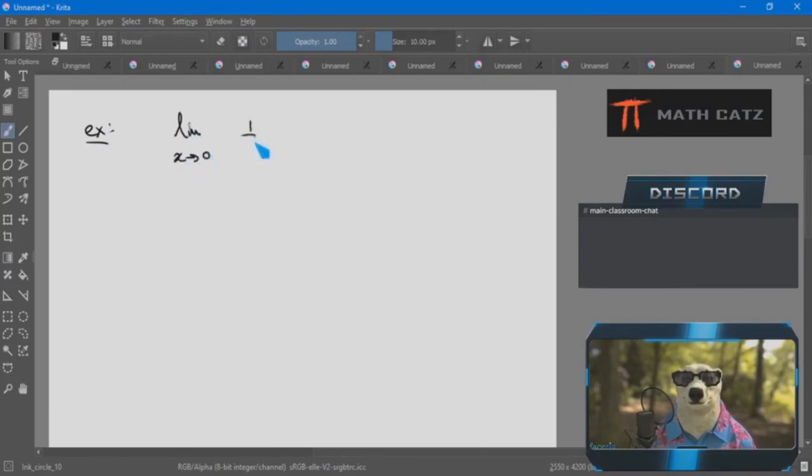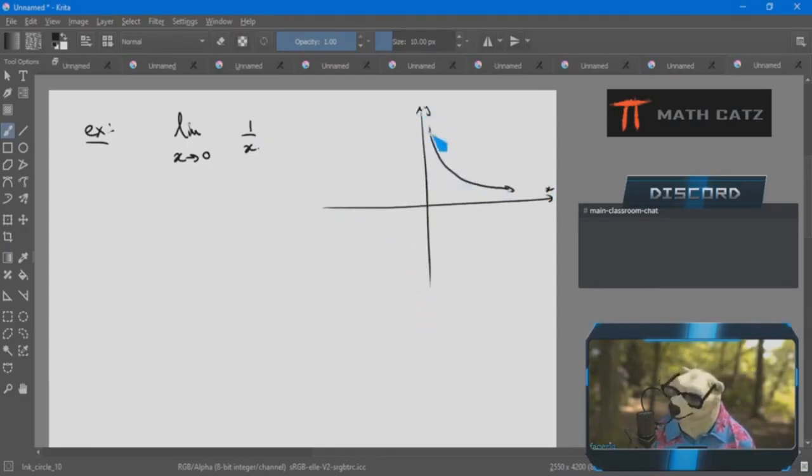I'll stick to my basic function, 1 over x. Remember what this looks like. You have to know this very well because it's a basic function. I'm not even transforming it or anything. I have one vertical asymptote. It's sitting at 0.